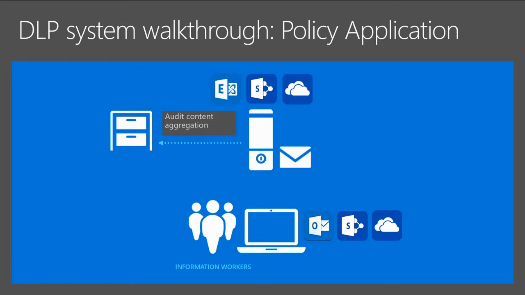And obviously, auditing is a key aspect of being able to push that information into an audit store and then aggregate that information across all the various workloads to provide you one view of audit information. Because clearly, if Jack shares sensitive information in SharePoint or OneDrive, that's something you want to be aware of and treat uniformly across your ecosystem.